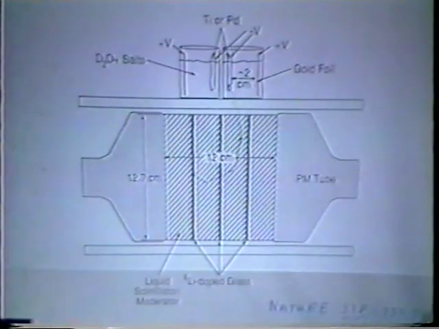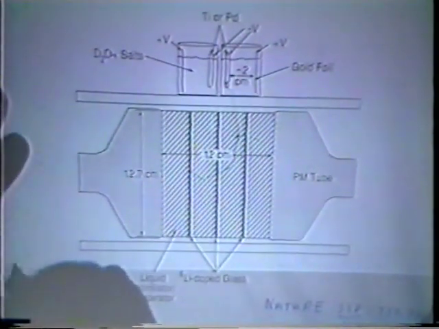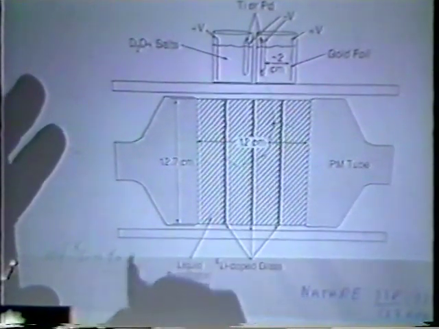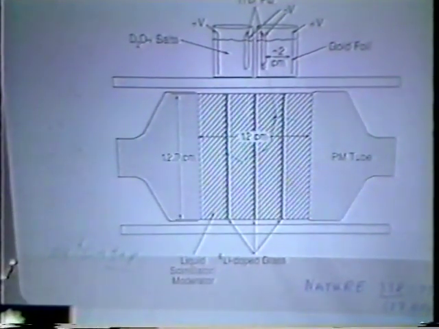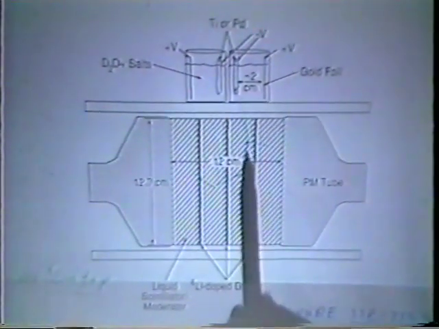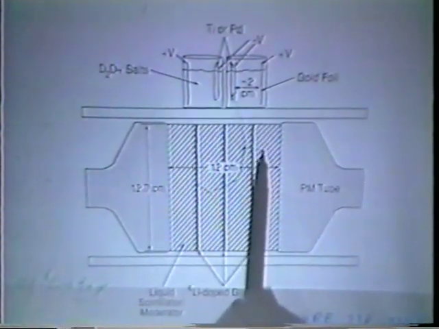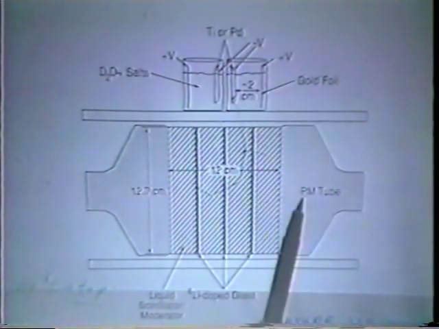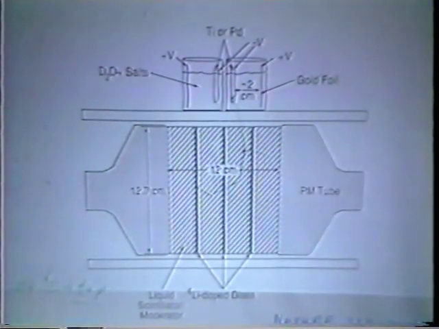Lithium-6 captures, so you get a reaction n plus lithium-6, giving you a triton and an alpha. This gives you a scintillation of a pulse width about 70 nanoseconds in the glass. Now, the pulse width of the recoil protons in the liquid scintillator is about, well, it's a few nanoseconds. So we can easily distinguish by pulse shape analysis the signals in the liquid as opposed to the glass.